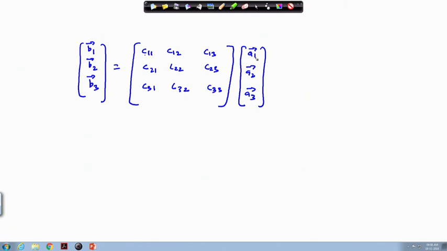You multiply this with this one, with this one, with this, and you will get the first vector. Similarly, for B 2 you multiply this with this, the second term with this one, the third term with this one, and so on.